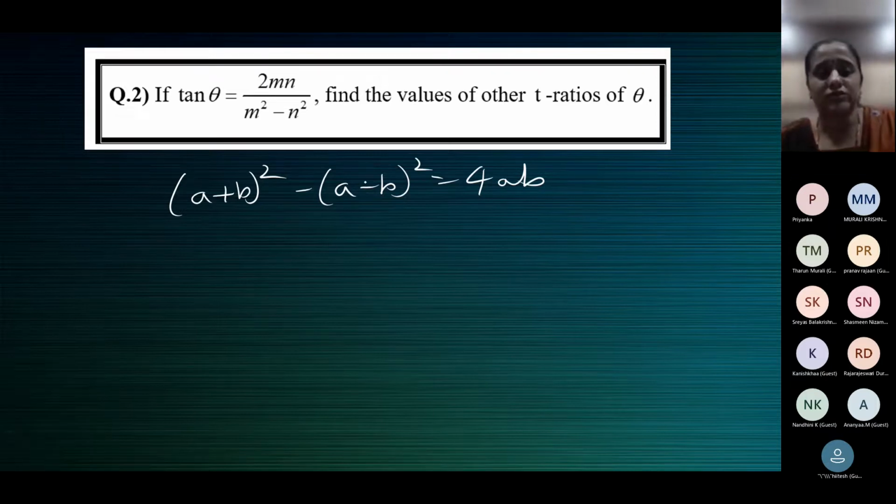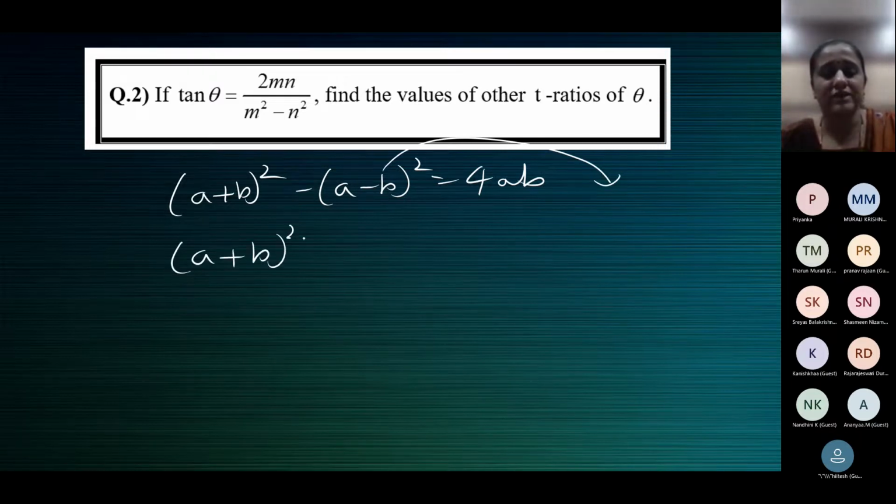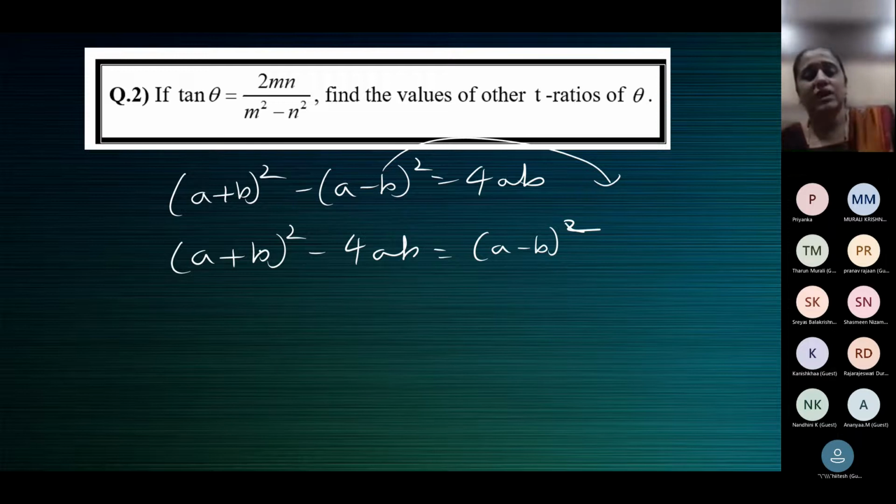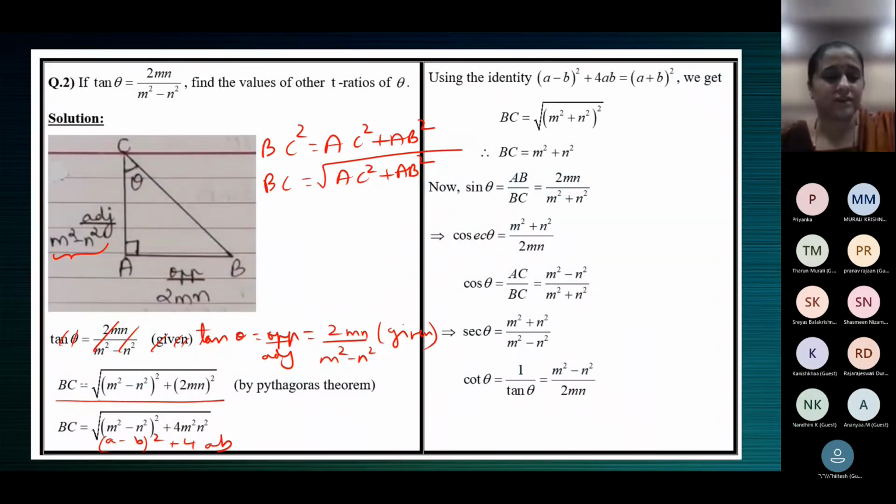Transposing, A plus B the whole square minus 4AB is equal to A minus B the whole square, so A minus B the whole square plus 4AB gives A plus B the whole square, where A is m square and B is n square.